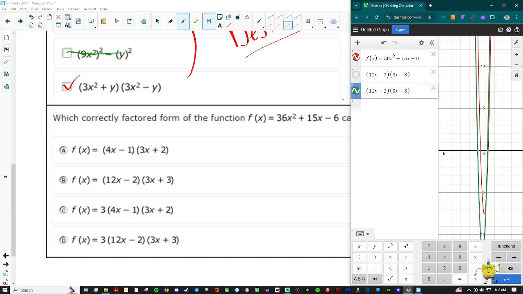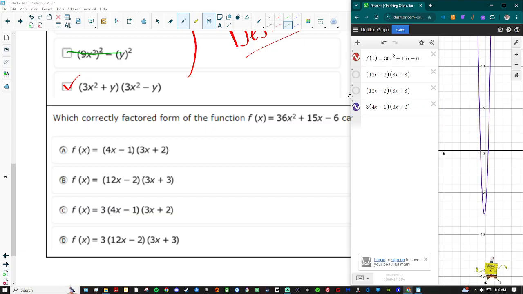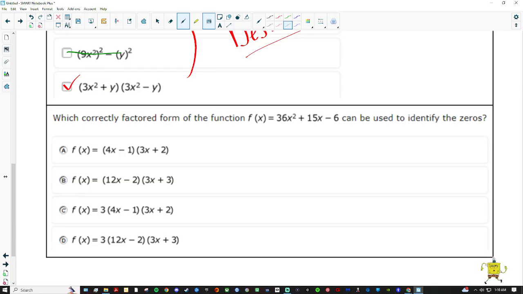Still not matching up. Try the next one. 3 times 4x minus 1 times 3x plus 2. My graphs perfectly overlap each other, so I know that that's my answer.